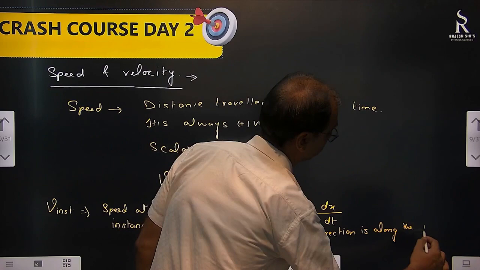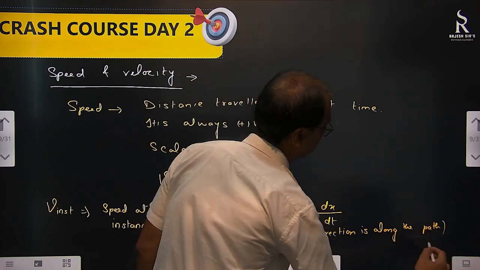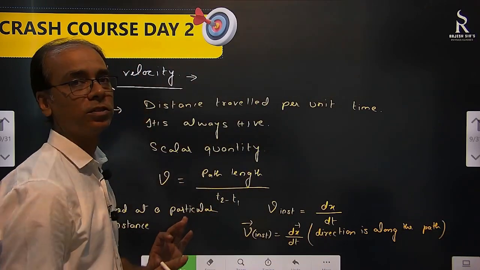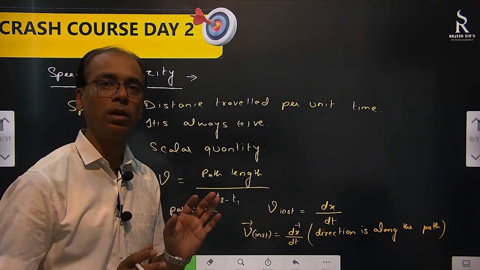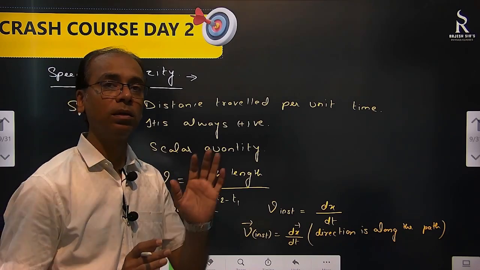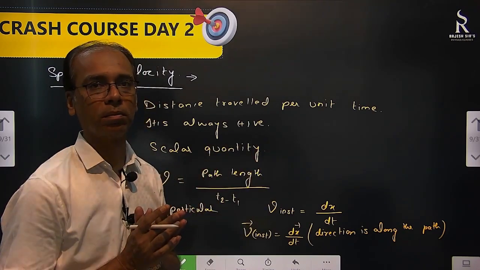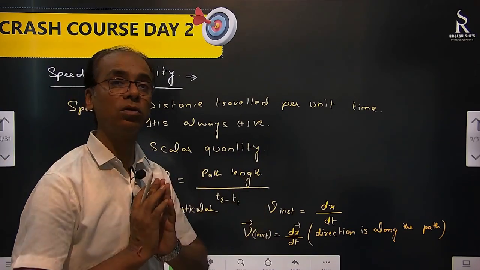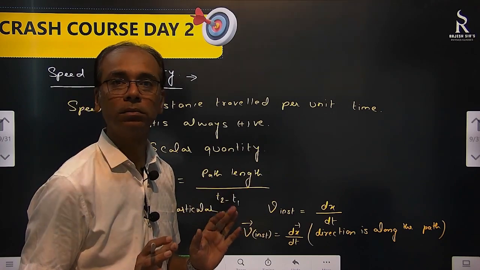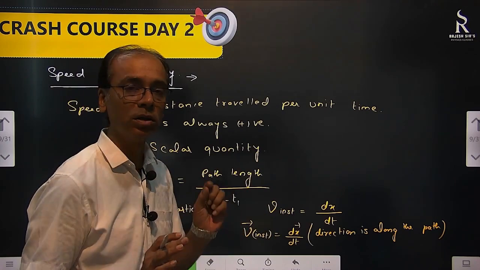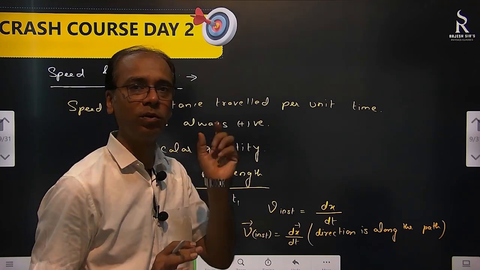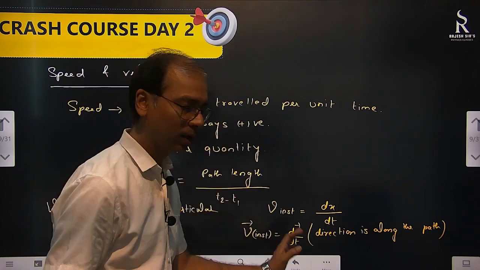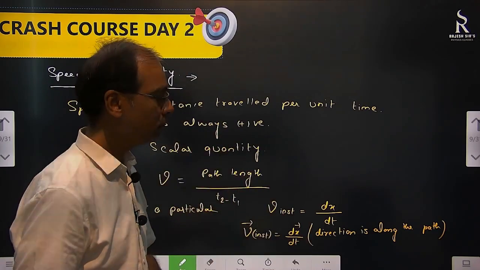We saw till now that distance and displacement will be equal in magnitude when direction is the same. But here I am saying instantaneous speed and instantaneous velocity are always equal. Clear? Because it's for a fraction of a second, and in that you can't change the direction. So that's why their magnitude will always be equal.